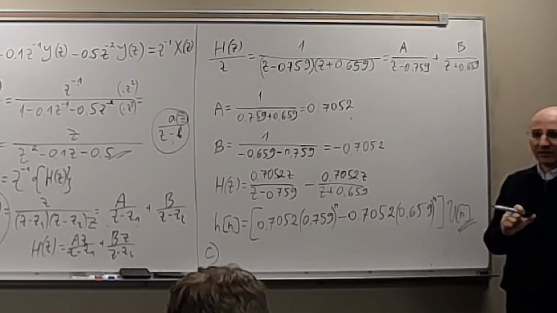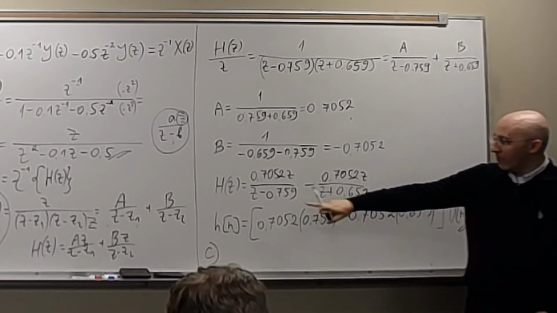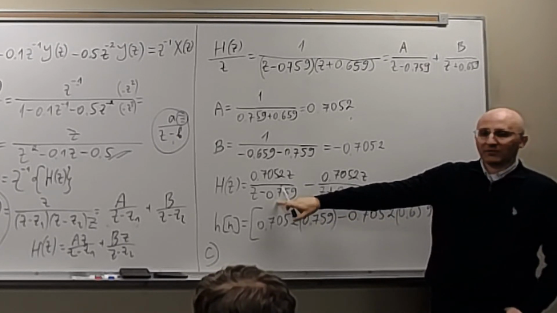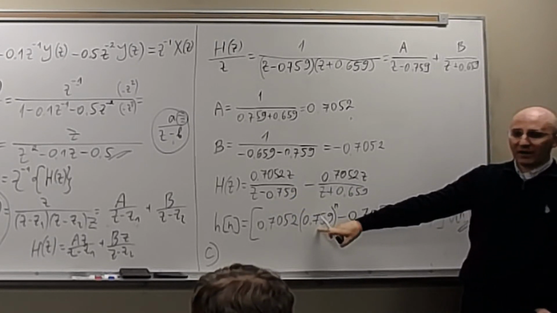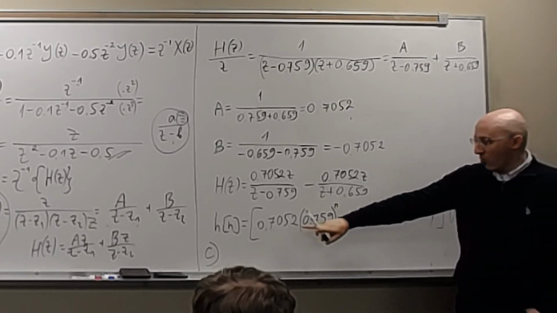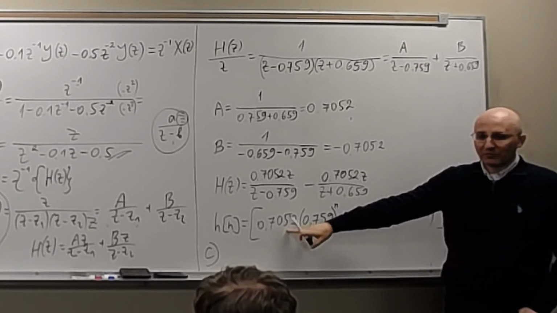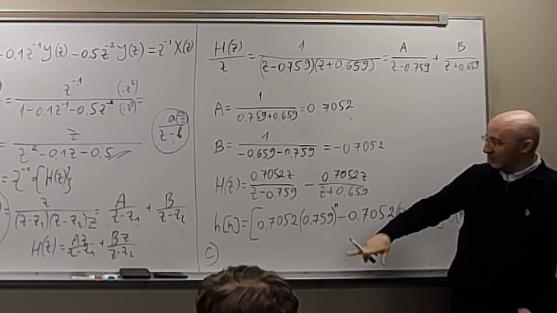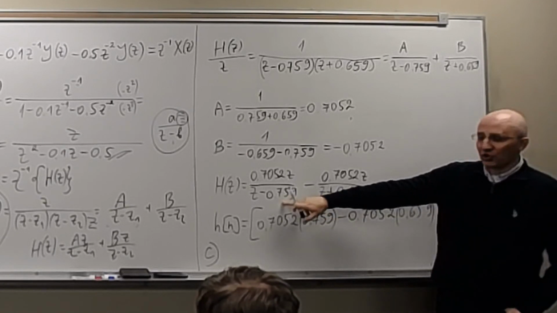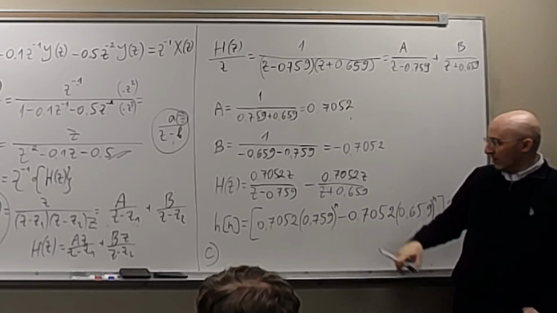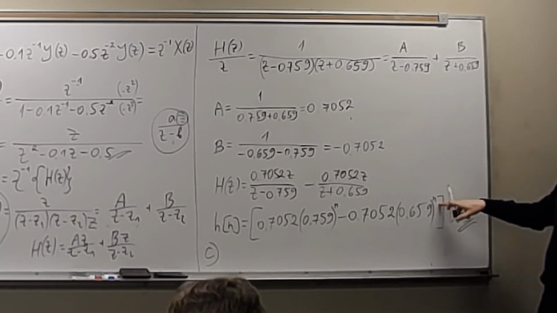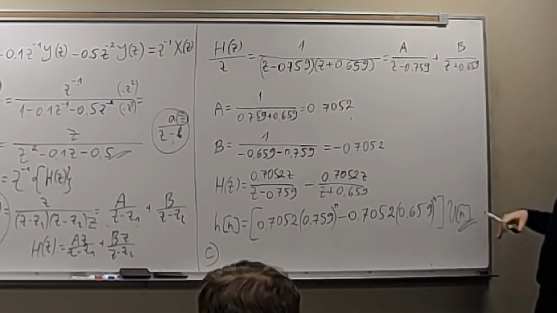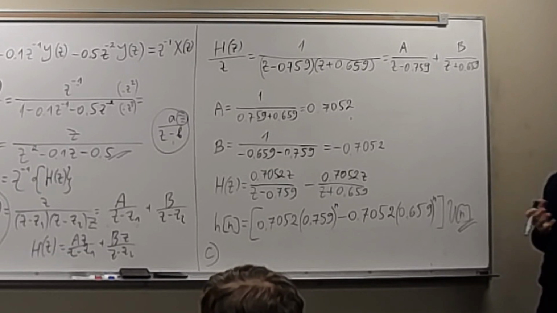Very similar thing. Where do those numbers go? They go here, and they are with power n. So it's some constant, whatever it is, positive or negative, it doesn't matter, times the location of the pole to the power of n, plus or minus the location of the pole to the power of n, and so on, if you have more of those, right?